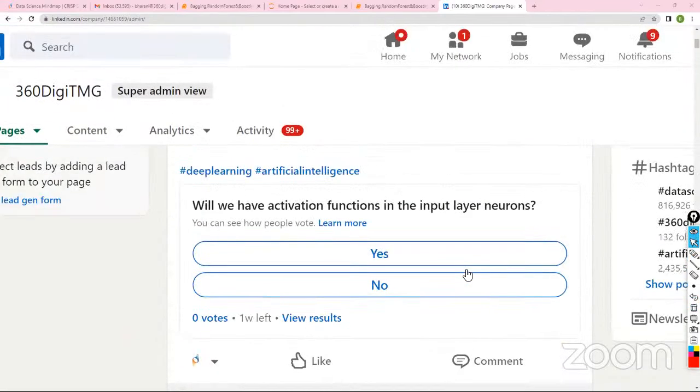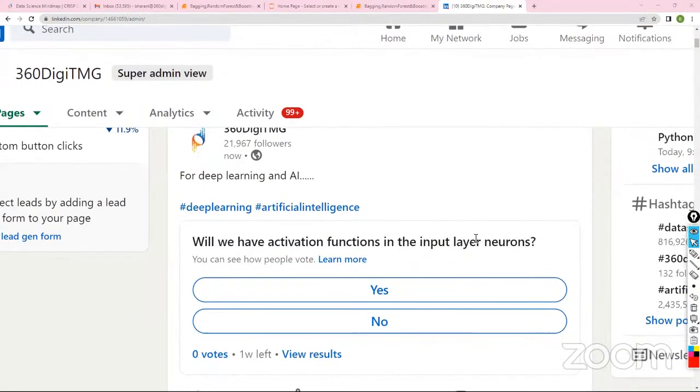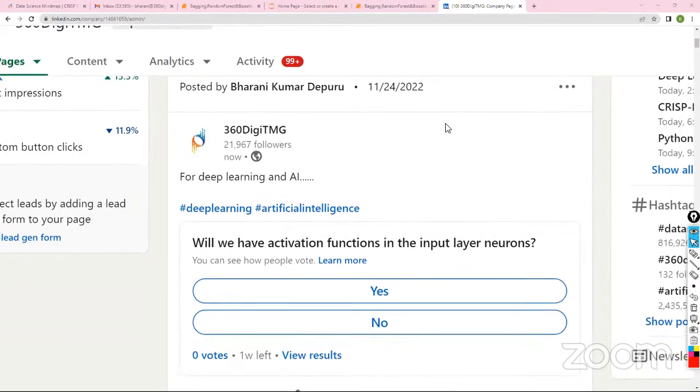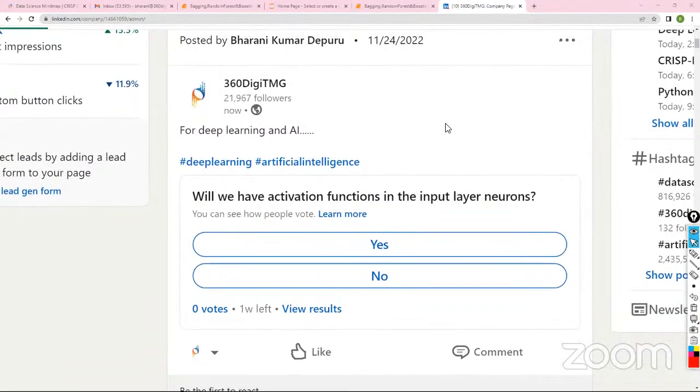Okay. The next question seems to be fairly straightforward. Will we have activation functions in the input layer neurons? What do you think?